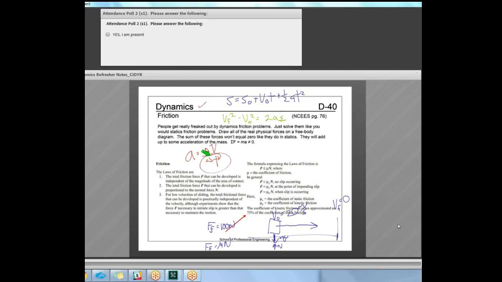But what is it that we're still missing? The red, green, and blue equations all revolve around you knowing the acceleration. How do we get the acceleration out of this problem?